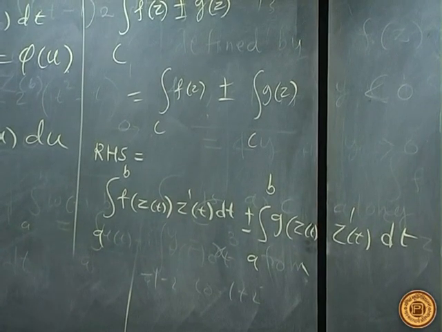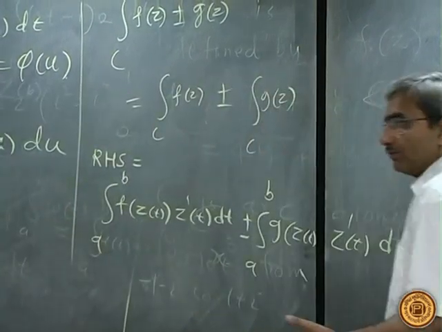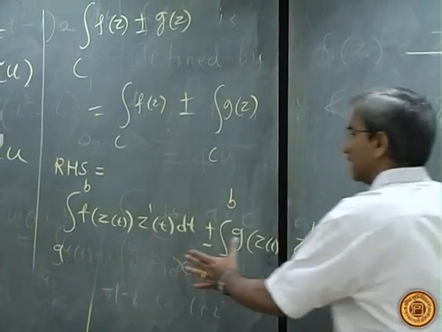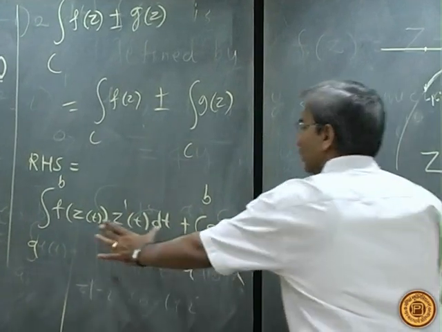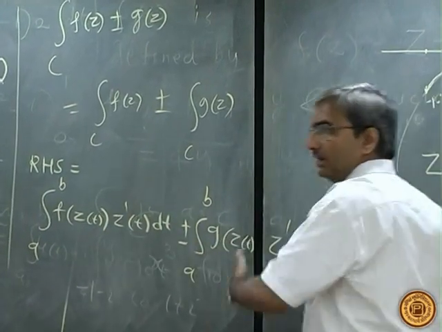Now, this is a property of complex valued functions of a real variable: on the same interval a b, if you have two functions w1(t) and w2(t), then you can add these two.